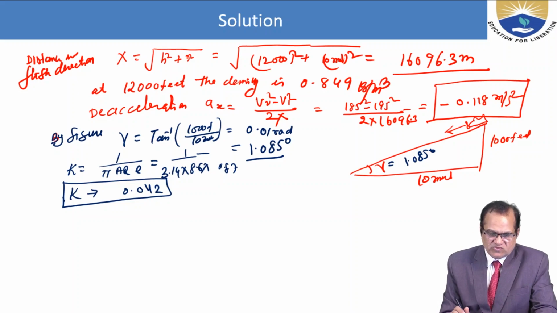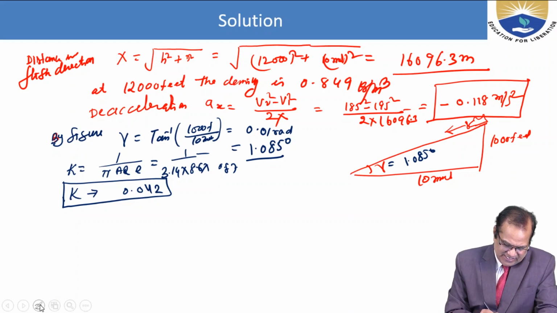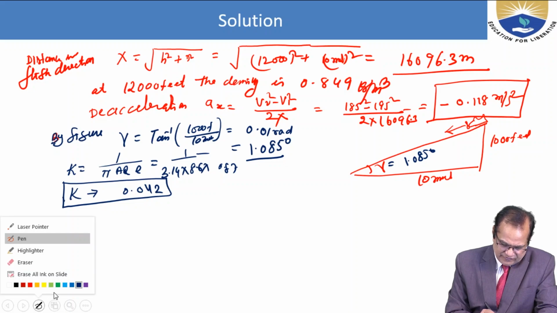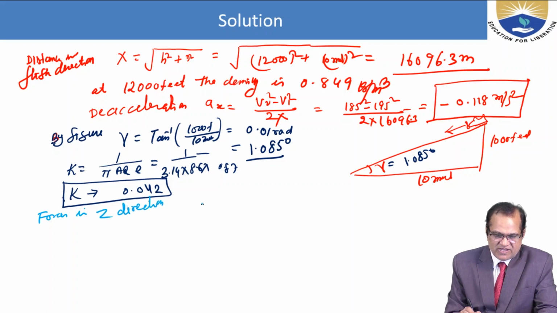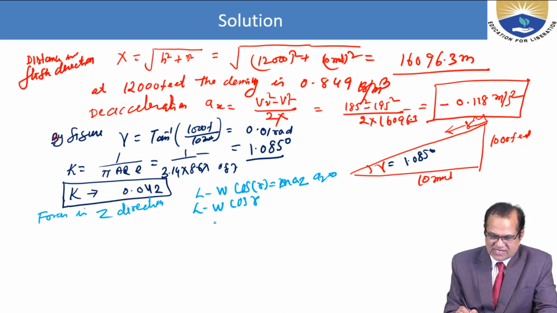So now forces in the Z direction of the aircraft. So L minus W cos of gamma is equal to M AZ. AZ is equal to 0. So L minus W cos of gamma, L is equal to W cos of gamma.